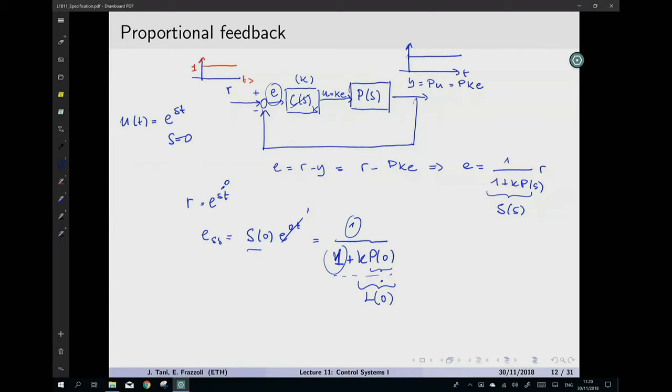Do you agree with this? Unless this L goes to infinity, but having an infinite gain is probably not a good idea, right? So what we've seen here, at least intuitively, is that if we crank up the value of the open loop transfer function evaluated at the 0 frequency, if we make that a very big number, we can reduce the steady state error of a system to a constant input to some arbitrarily small number.